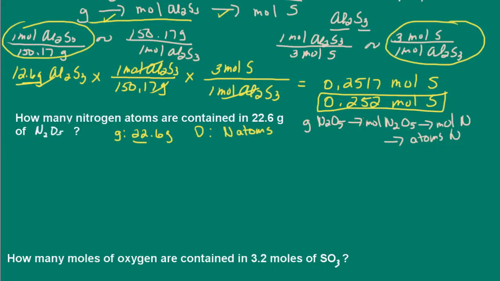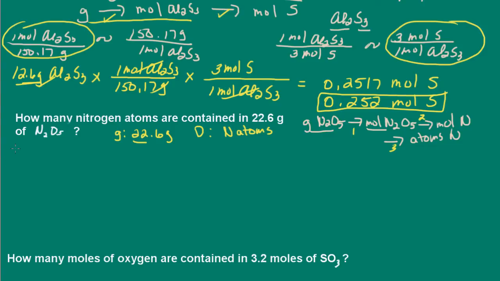So in this case, we're going to have 1, 2, 3 conversion factors. Well, our first one is just simply converting the grams of dinitrogen pentoxide to moles. So we can do that by using the molar mass.